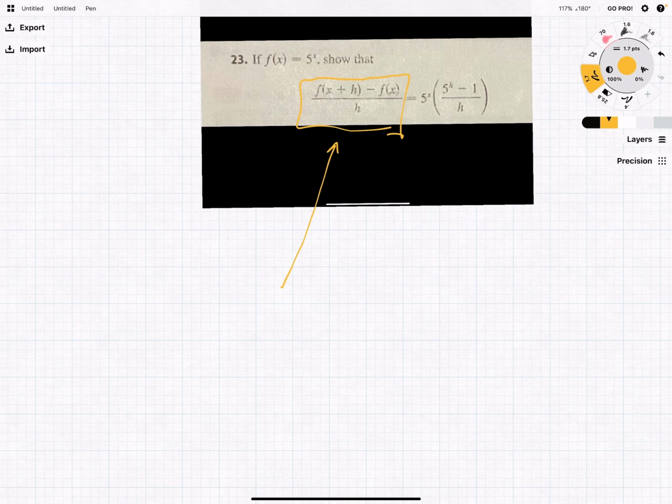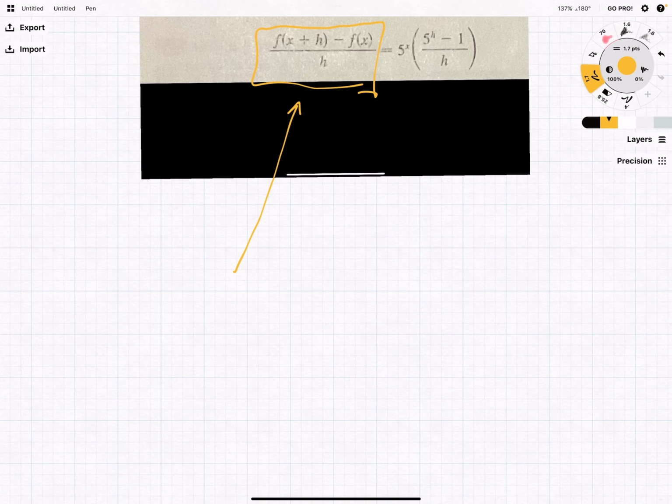As you do section 1.5 and then absolutely as you get into chapter 2, this f of x plus h minus f of x over h, I won't give away too much, but it's pretty much the whole idea behind a derivative, which is also what calculus is all about, right? Derivatives and rates of change and everything. So make sure you do whatever you can to get very familiar with this form, because it will come back again and again.